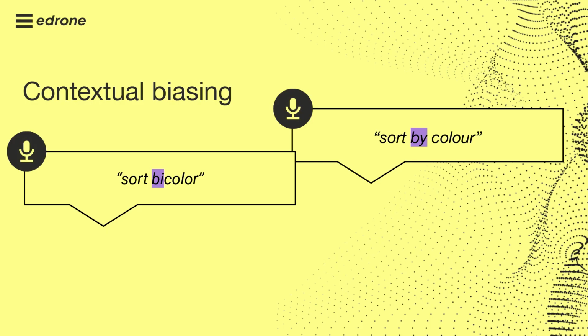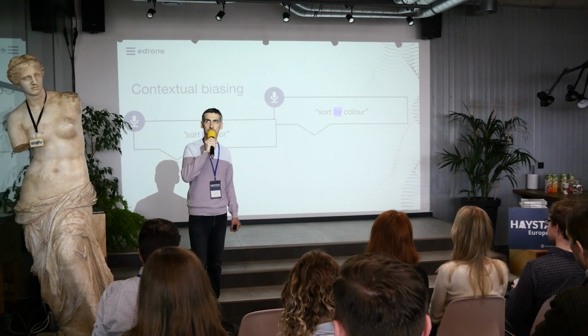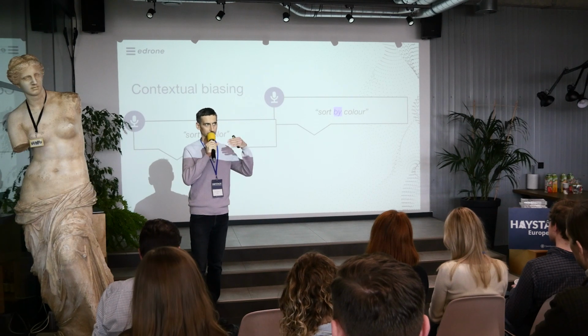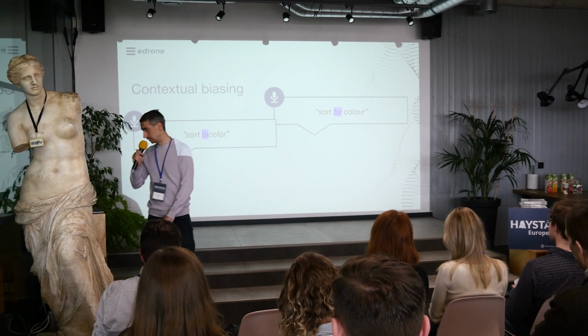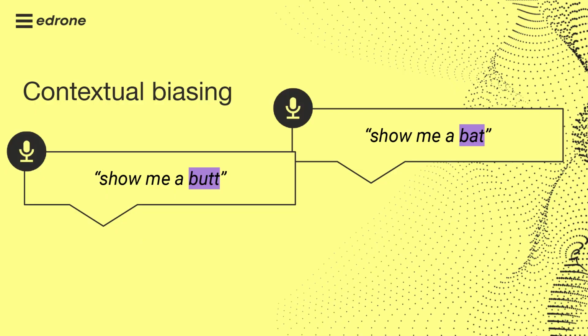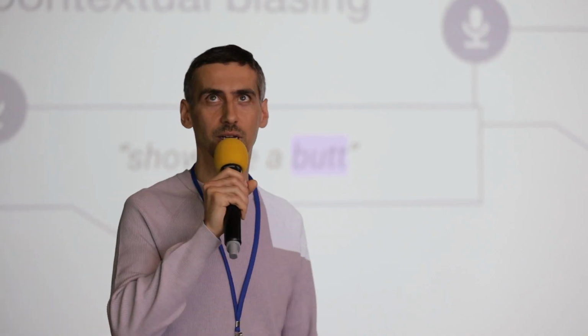So for a search system, sort by color, so 2 colors, is a very different intention than sorting by color the existing result set. The other one would be this one actually. So you're looking for a bat, right? A baseball bat here, and this is the transcription that we got there.